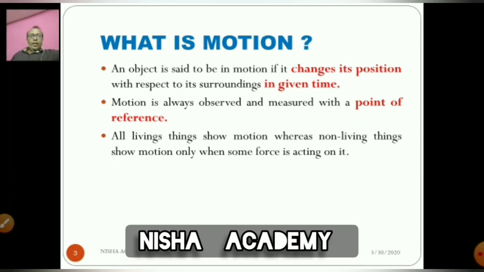So, you can say that you are in motion. Motion is always observed and measured with a point of reference. All living things show motion, whereas non-living things show motion only when some force is acting on them.